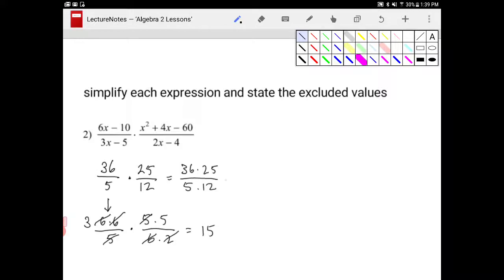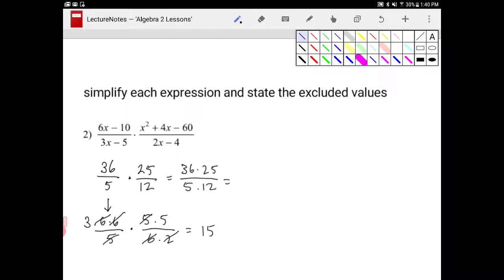Look how much less work needed to be done. Yes, you could have entered 36 times 25 in your calculator and divided that by 60 and been done with it. However, we have to build our number sense, which is one of the motivations for going through these exercises.